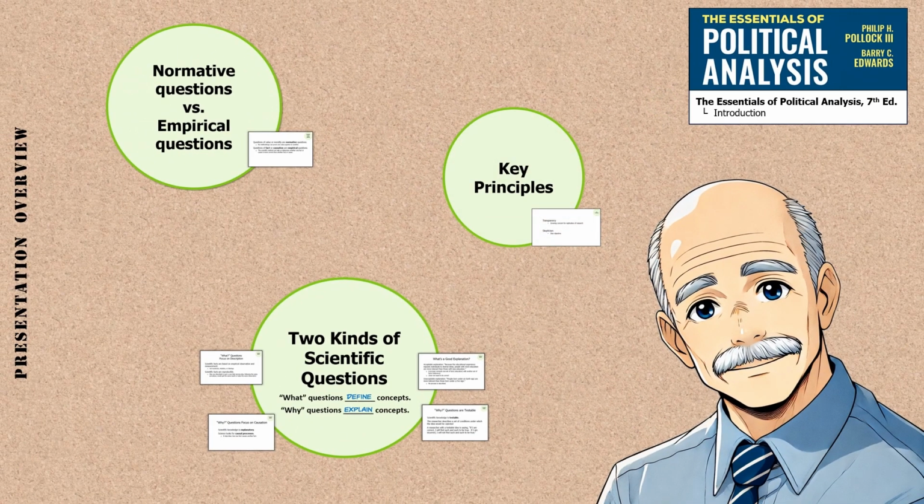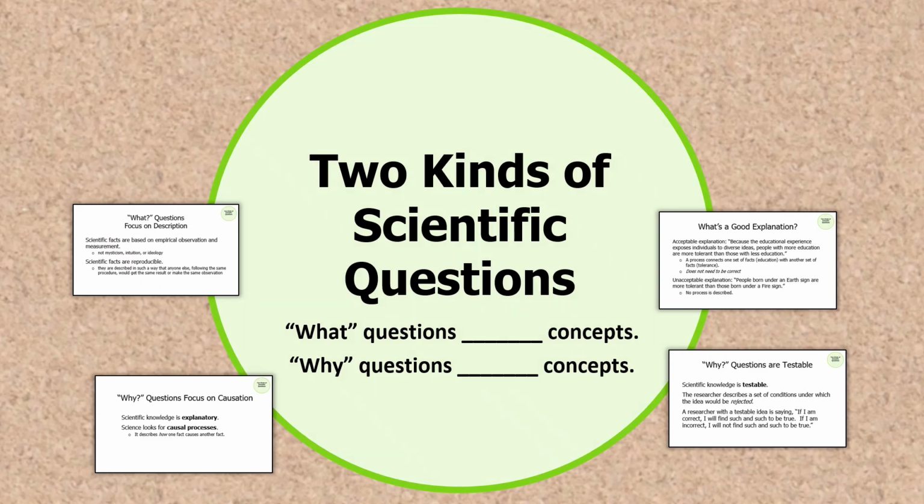All right, now let's talk a little bit about the kinds of questions, kinds of tasks, I guess you'd say, that are before us here. There are what questions, and there are why questions. Again, the first part of the book is about what questions. How do you define a concept, for example? We have a lot of very important and complex concepts in politics. One of my favorites that you'll see in the book several places is the concept of political tolerance.